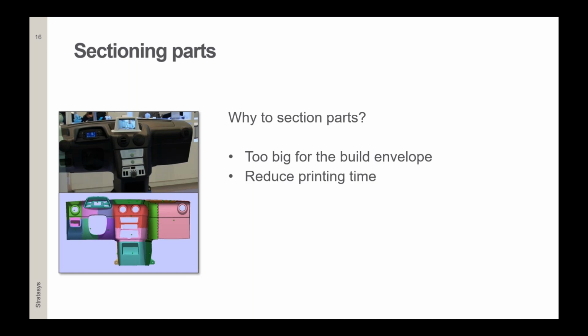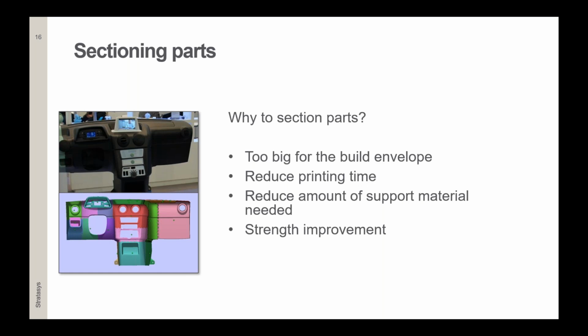Second, as you saw from this first example, reducing print time, so cutting in half, will translate to reducing the amount of support material needed. Then we can improve strength. Given in the example, we would print the part in a different orientation. In some cases, the strength might be improved too.